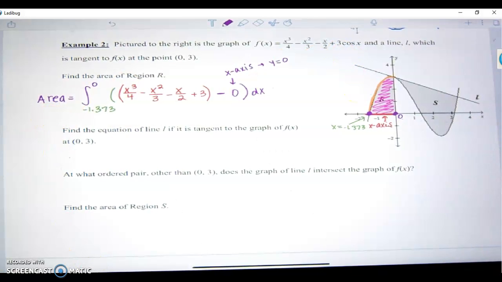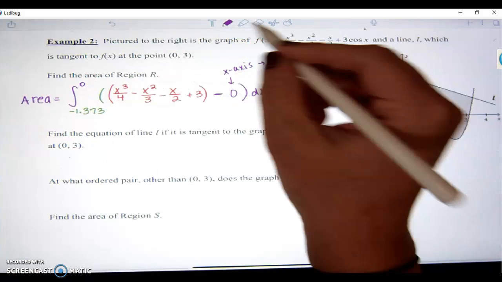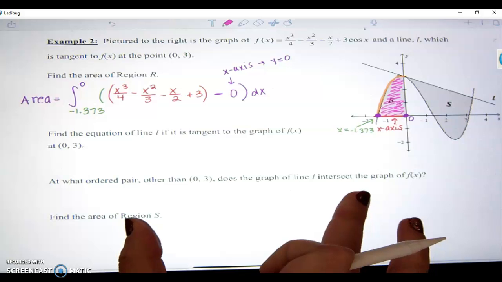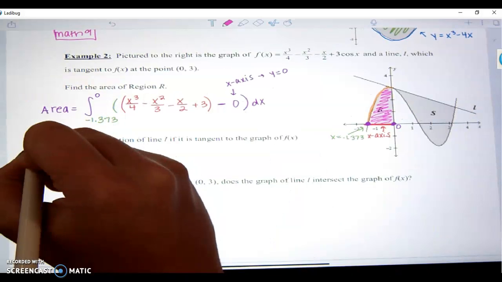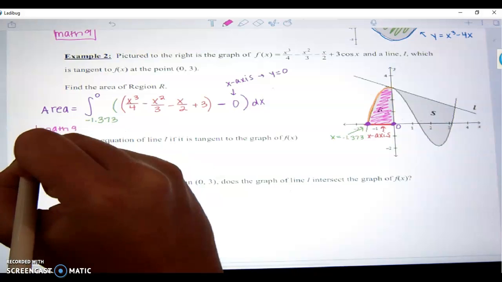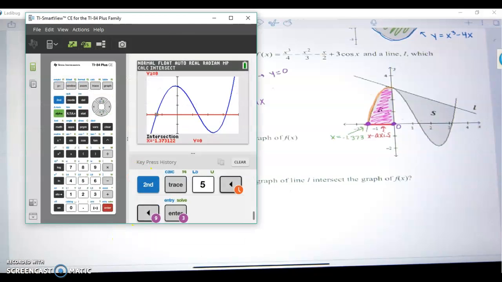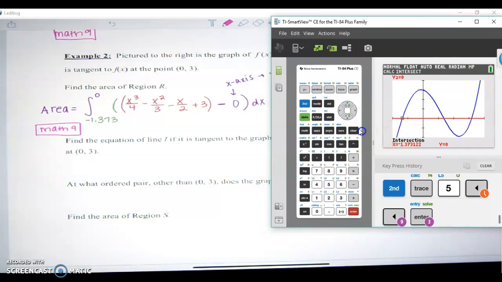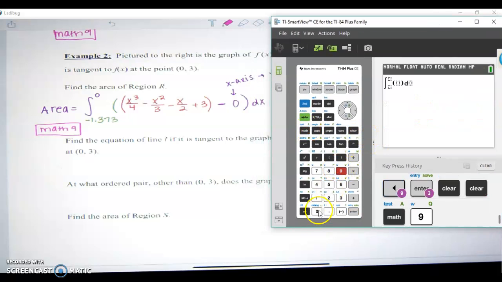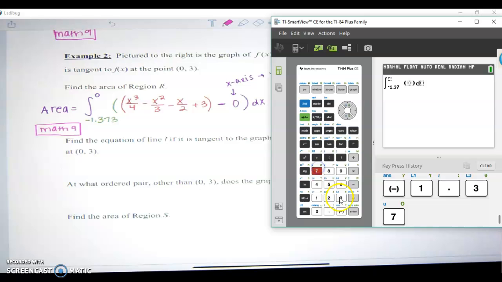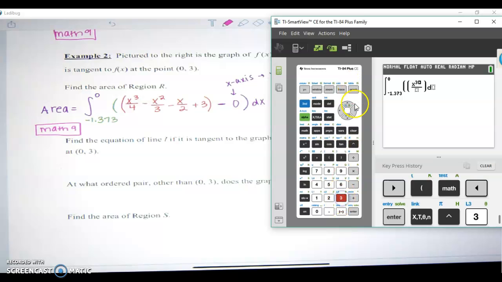Okay, so we're going to use Math 9 to figure this out. There's a lot to type in here, but we just have to make sure we're careful. It actually starts at negative 1.373 and it goes to 0. So here I'm going to put a parentheses, and then I'm going to make my fractions look exactly like theirs. This just confirms so you don't have to worry about parentheses or type anything in wrong.